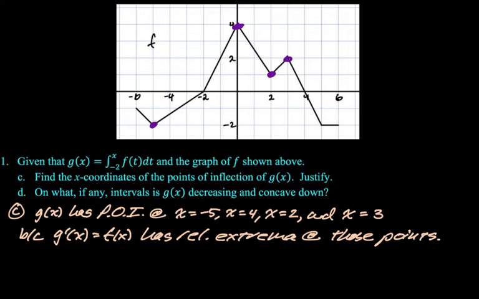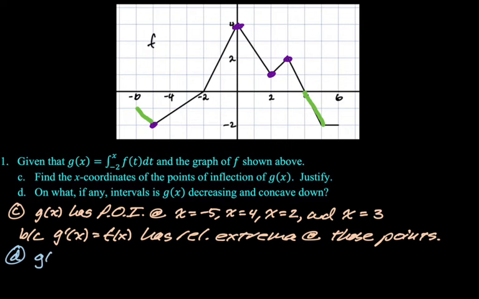Anyway, what, if any, intervals is g of x decreasing and concave down? All right. You're going to be decreasing when the derivative is negative, so below the x-axis. You're going to be concave down when the derivative is decreasing. So we need to be below the x-axis and we need to be decreasing. You can see that that's going to happen here and also here.